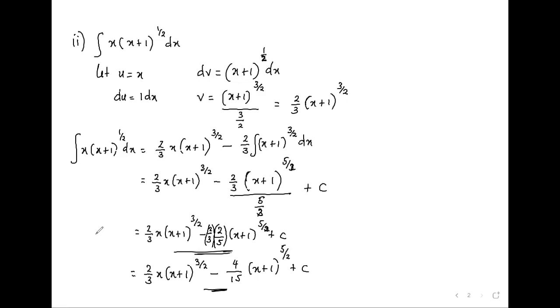What other integrals now? Of good interest here. Okay, 3.